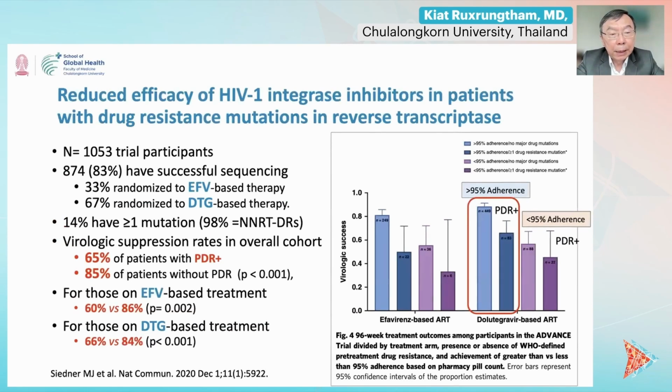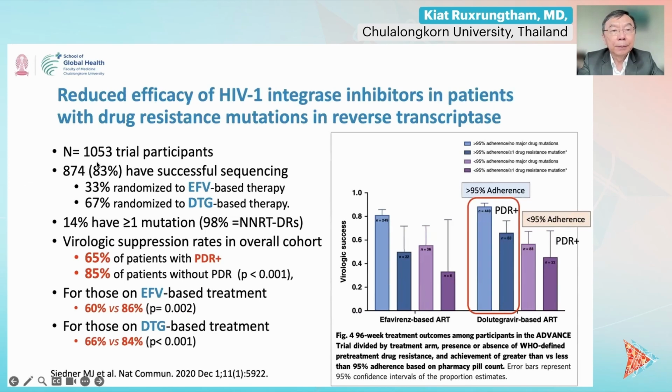This study published three years ago is also very interesting, showing that pre-treatment drug resistance, even with a different class, in this case reverse transcriptase, can also compromise the first line option with an integrase inhibitor as first line.